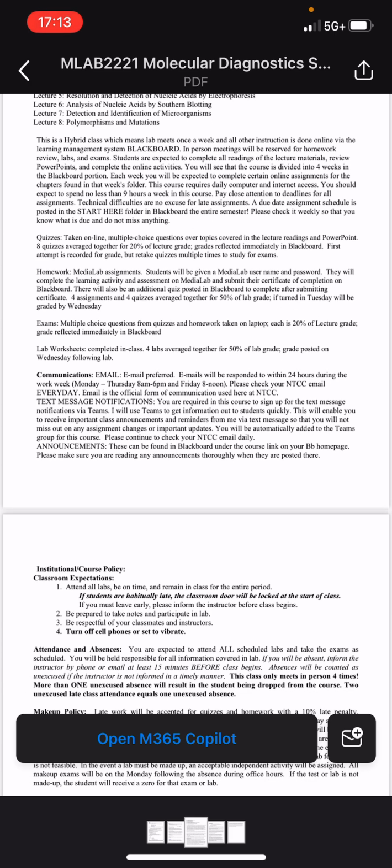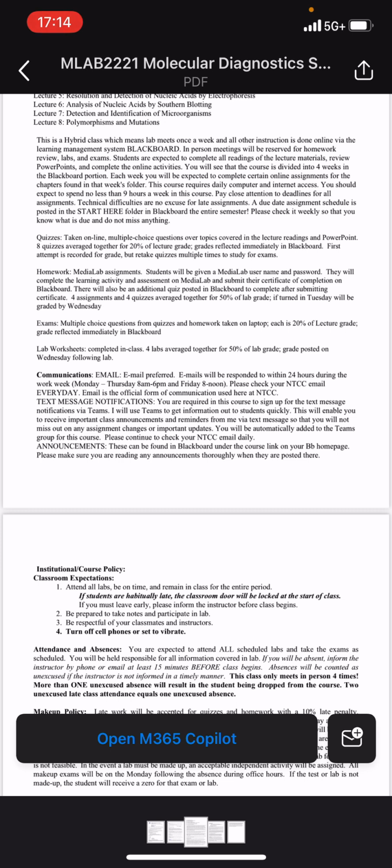Per lecture, there will be a quiz, and these quizzes will be completely based on the study guide that y'all will fill out. These study guides are not for a grade, but if you fill out the study guide, these are exact question answers, or at least directly related to what's being asked in the study guide. So if you fill out those study guides, you'll do really well on the quizzes.